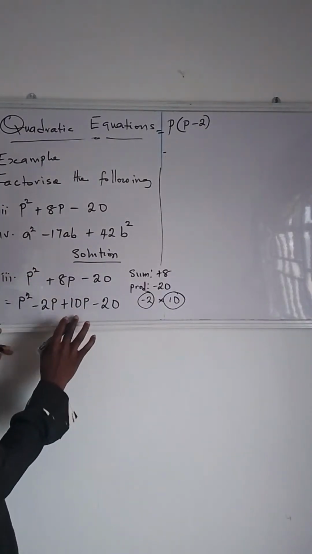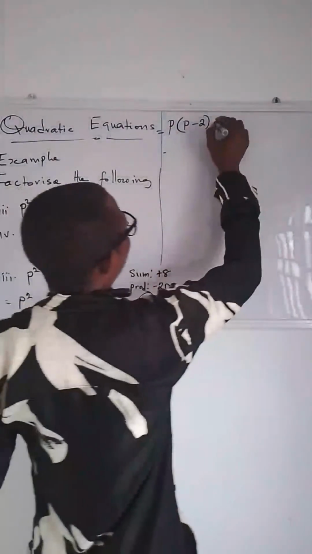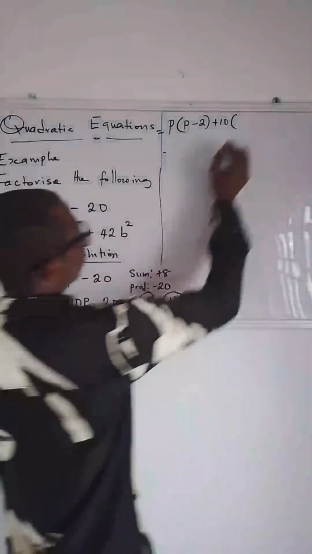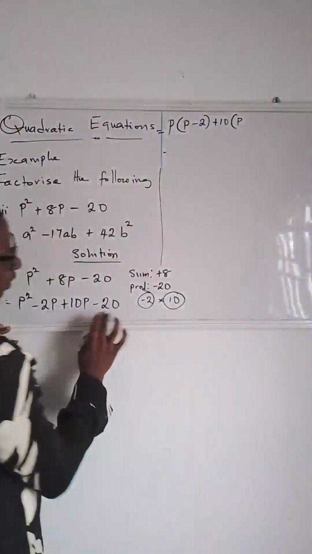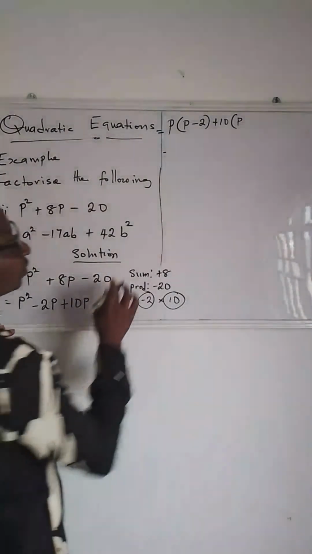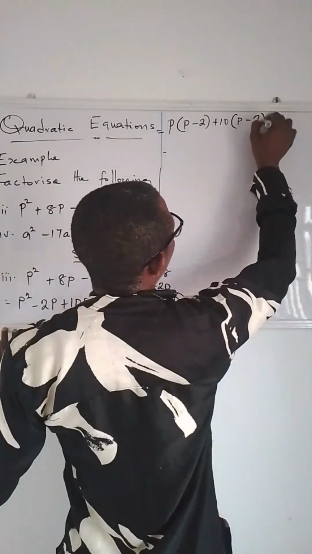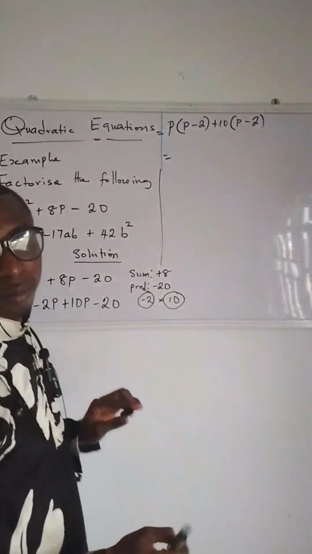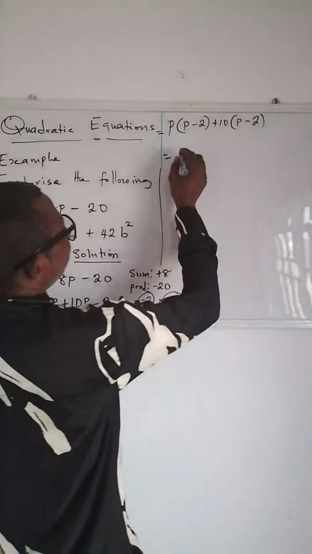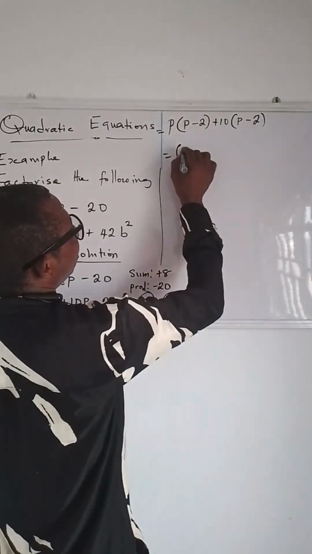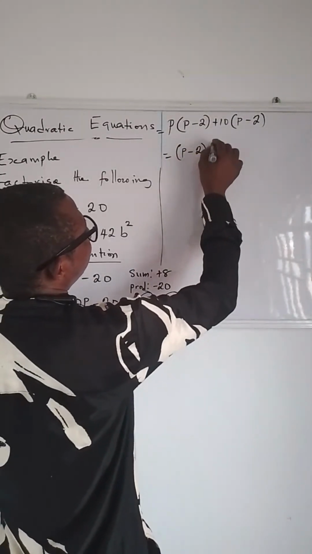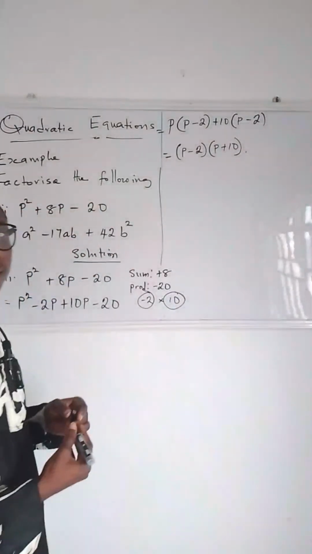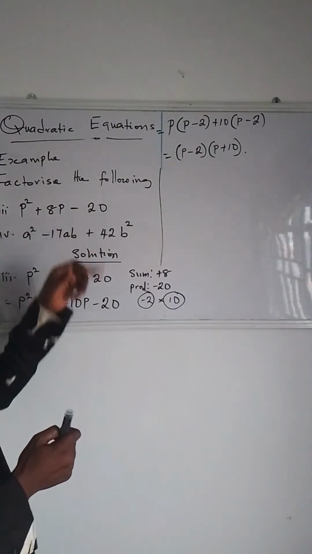So the common factor is going to be 10, so that's plus 10. When you divide this by plus 10, you have p. Divide this by plus 10, you have negative 2. So now the common factor here is going to be p minus 2. So you have p minus 2 and p plus 10. So this is going to be the answer to the third one.